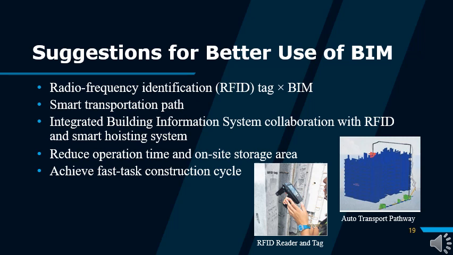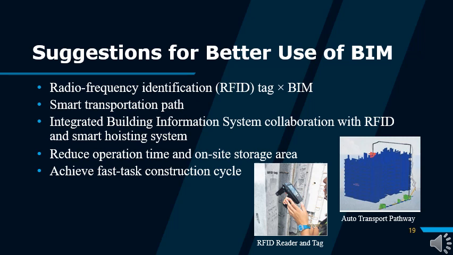Combining these two technologies, we can create a smart transportation path, which uses the integrated building information system to trace the transportation path of the precast material, and later uses an auto-hoisting system to transfer the material to the designated area or location. It can reduce the operation time and on-site storage area, as well as achieve a faster construction cycle.